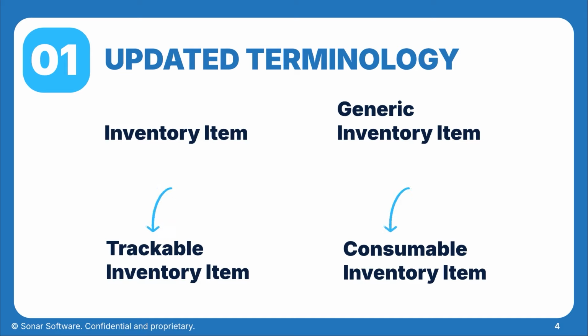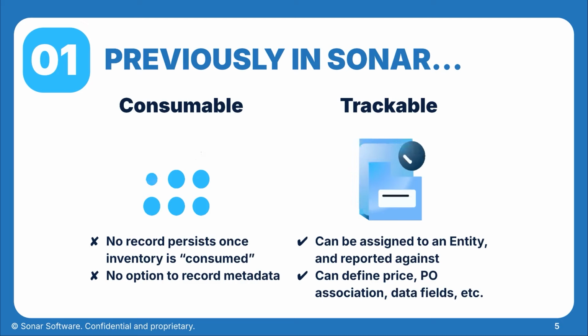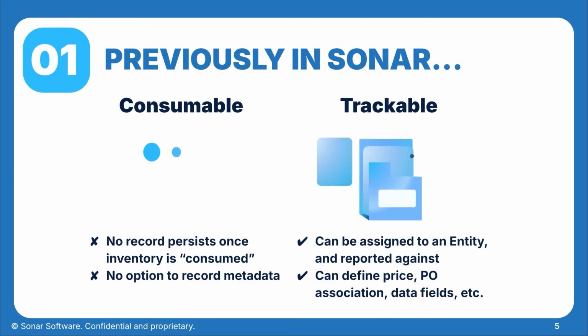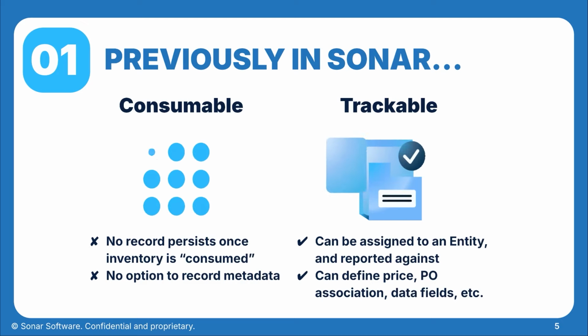And what was formerly referred to as a generic inventory item is now a consumable inventory item. So previously in Sonar, consumable could be used for cabling or fiber if you wished. However, no record persists once the inventory is consumed.